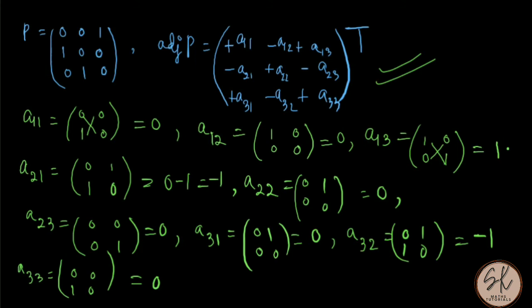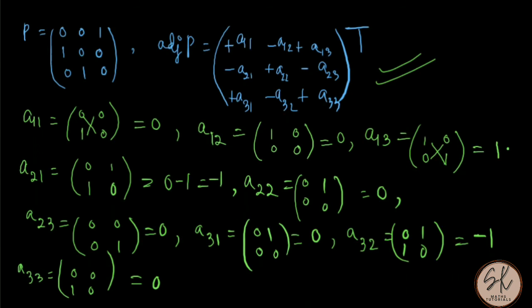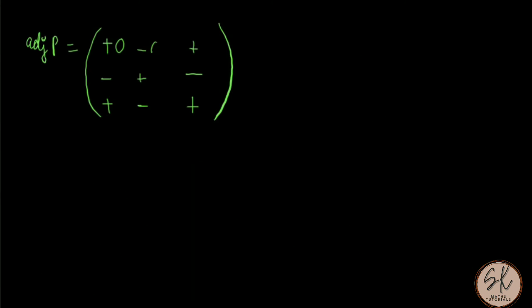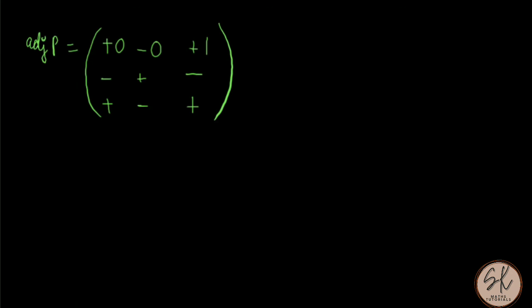A11's value is how much? 0. See. So this is 0. Then A12. A12 is also equal to 0. Okay. So this is also 0. Then A13 is 1. Okay. So this is 1. Alright.